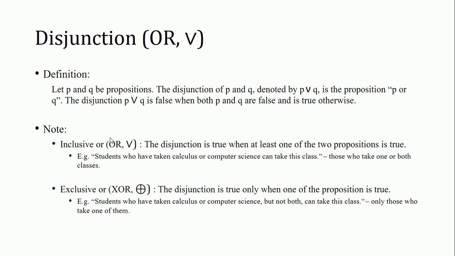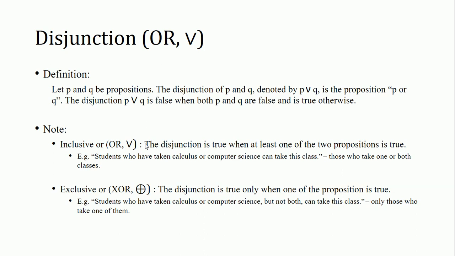Okay? Since meron tayong dalawang klase ng disjunction, yung exclusive at saka yung inclusive. So, this definition is the definition of inclusive disjunction. The disjunction inclusive or is true when at least one of the propositions is true. For example, students who have taken calculus or computer science can take this class.